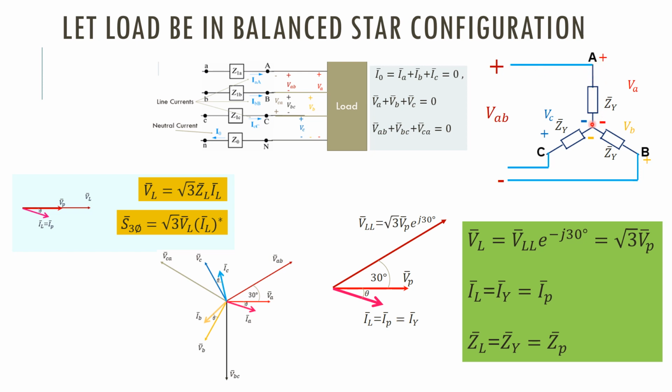All of them are equal, so the sum gets to 0. If you add all the phase currents here, it gets to 0. Therefore the line current is equal to the current in each leg, each arm of the star configuration. So the line current IL is equal to IY, equal to IP, the phase current also.